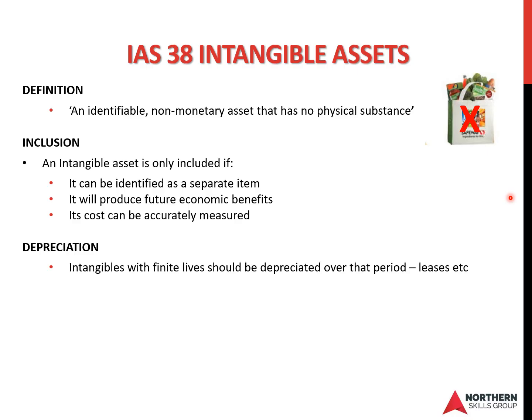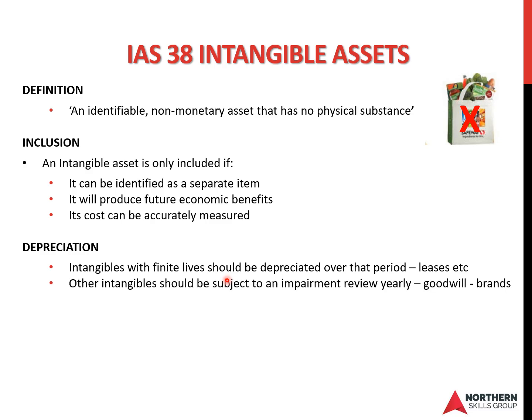And once we've included an intangible asset, then one of two things happens. If it's an intangible asset with a finite life, so if it's a lease for 50 years, it needs to be depreciated over that 50-year period.